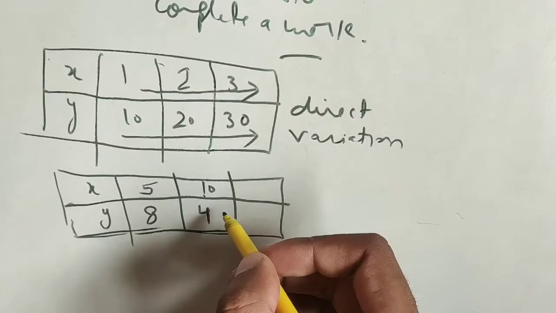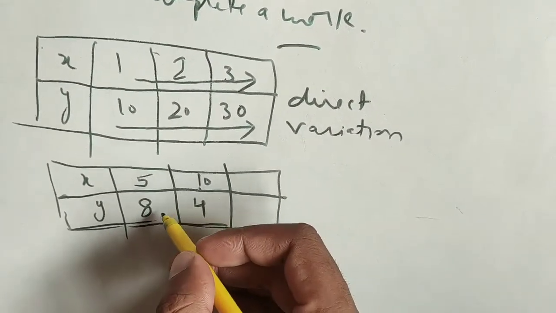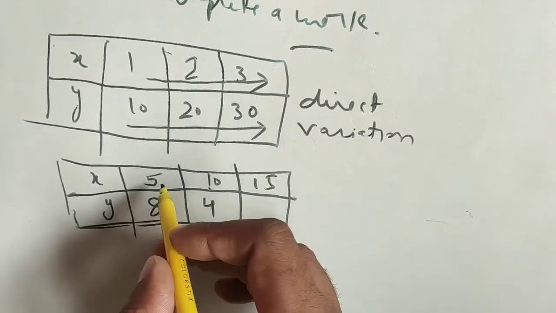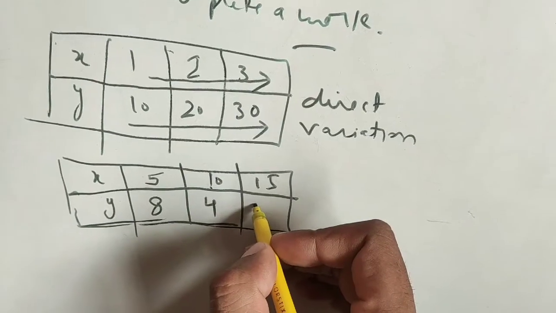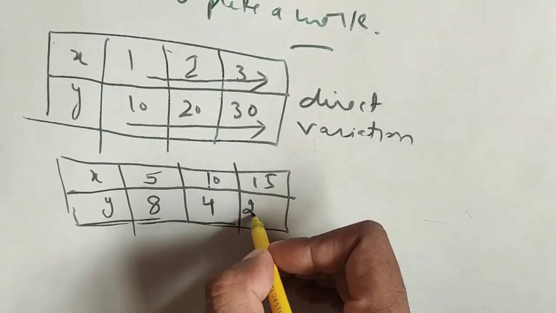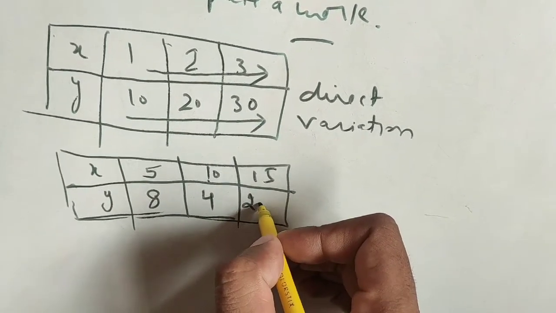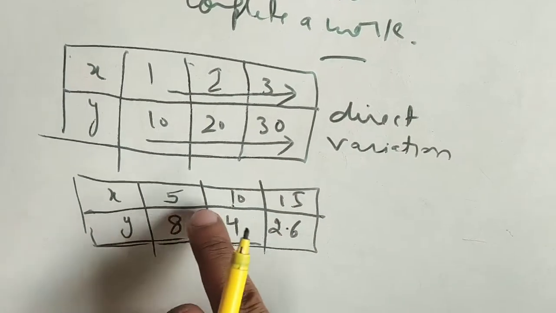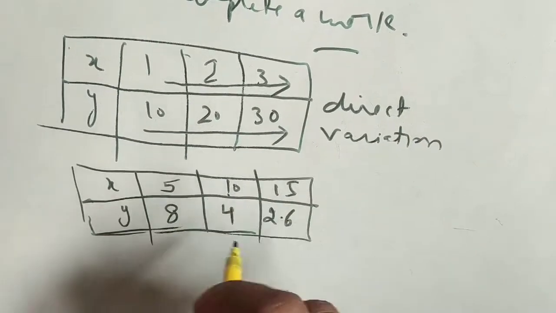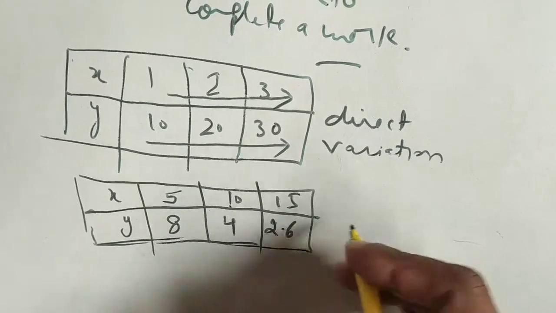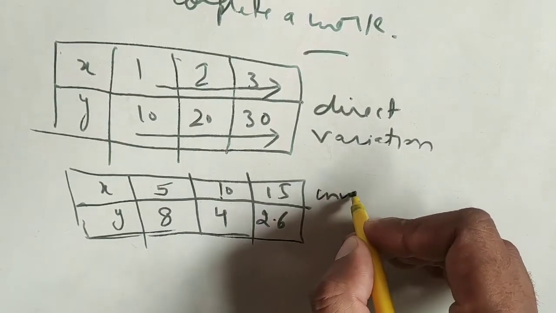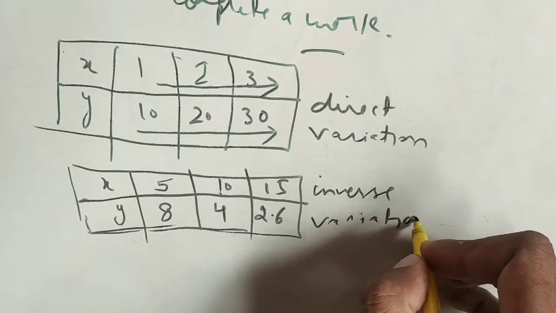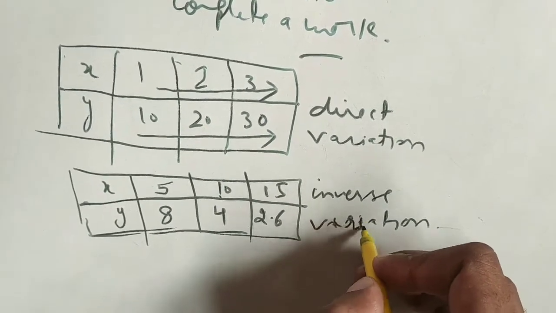So what is this? This is the inverse relation. If x is 15, then y becomes 2.6 or so. So what is happening? We are increasing x and the value of y is decreasing, so this is inverse variation.